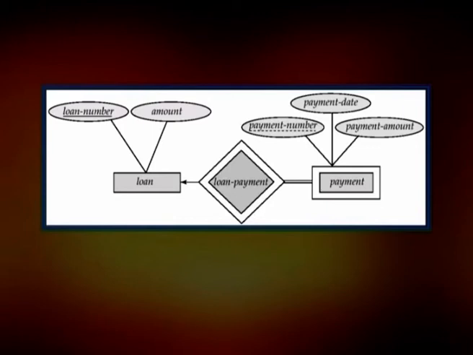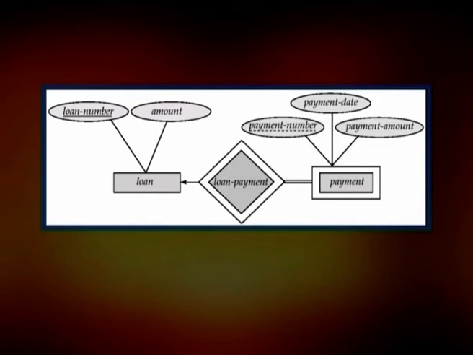Thus, entities belonging to a weak entity set are identified by being related to specific entities from another entity set in combination with some of their attribute values.